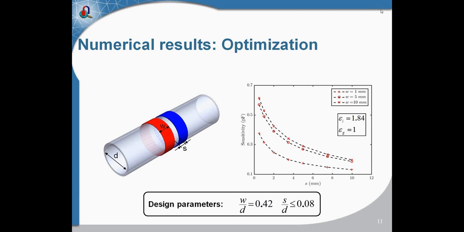Moreover, the effect on the sensitivity is quite small for a width of more than 10 millimeters. Based on these findings, the optimum design parameters in terms of sensitivity are defined as dimensionless numbers and are given here in the box below.